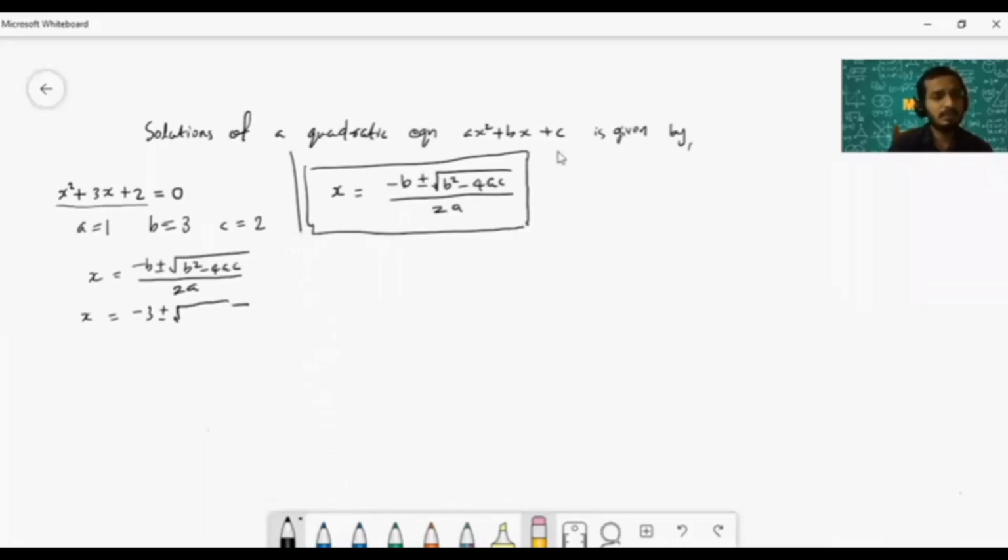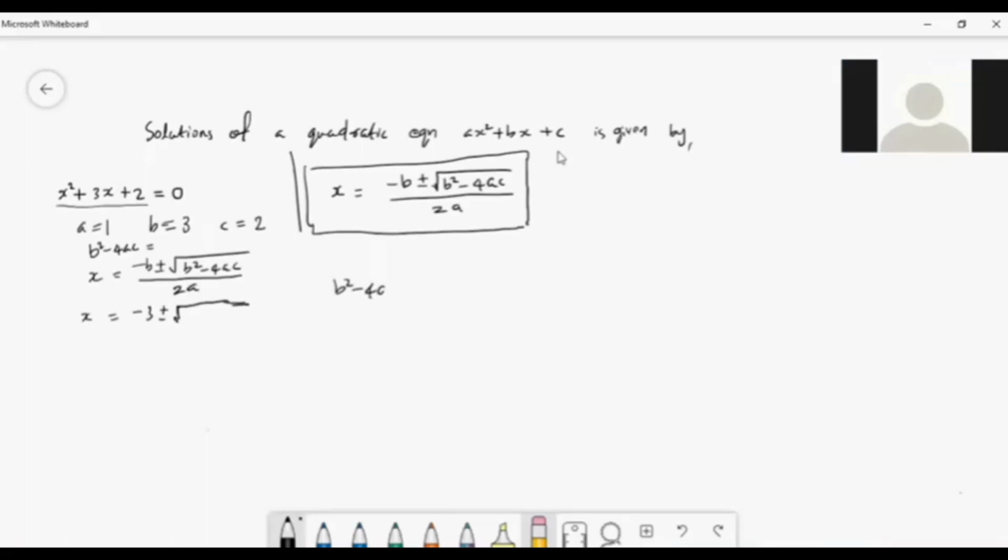After just identifying A, B and C, you can simply start with B square minus 4AC. Then that value you can substitute here. So what is B square minus 4AC? 9 minus 8, that is equal to 1. So you can substitute this 1 here. That's better.